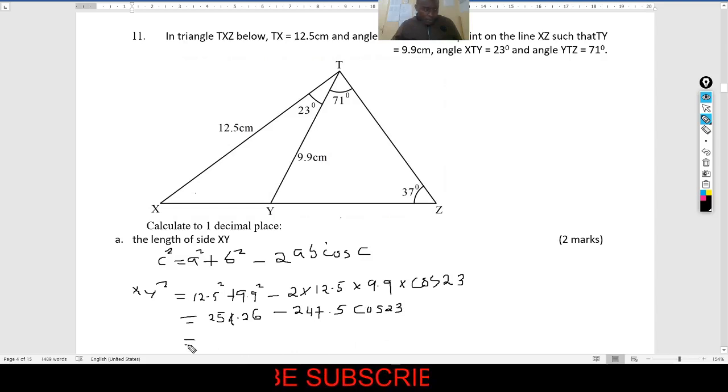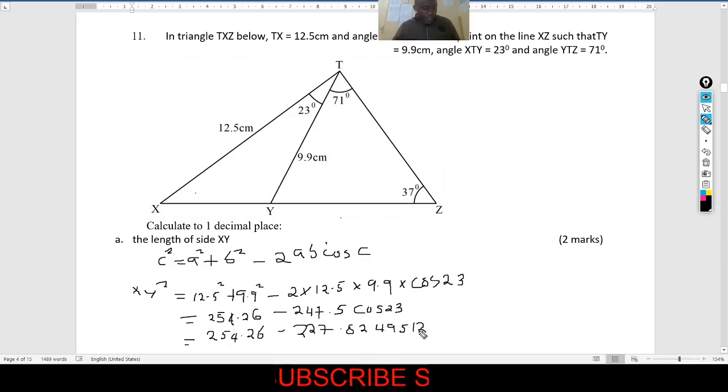Now you multiply this and it gives you 254.26 minus, you just press the calculator and get 227.8249.512.